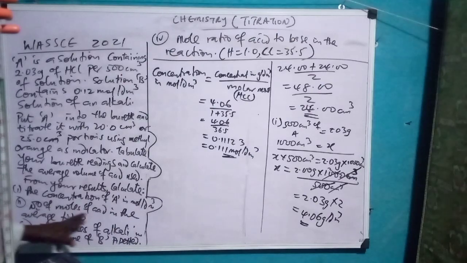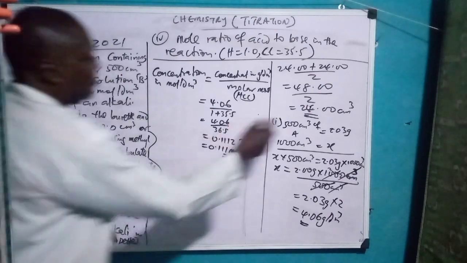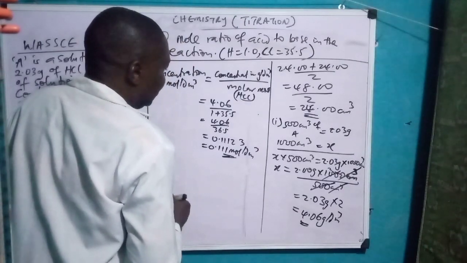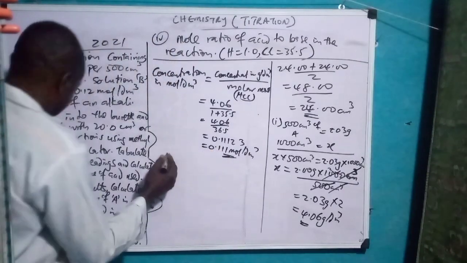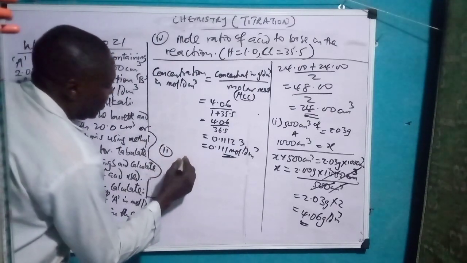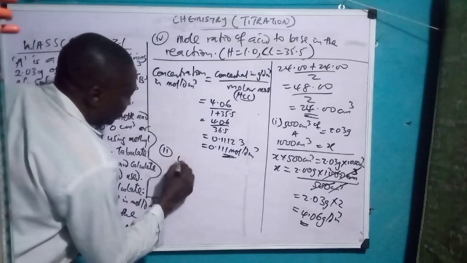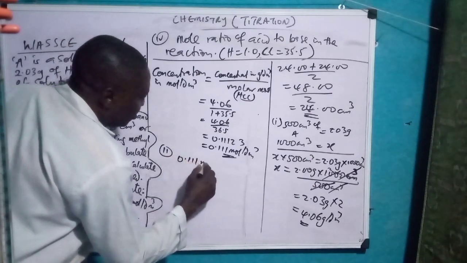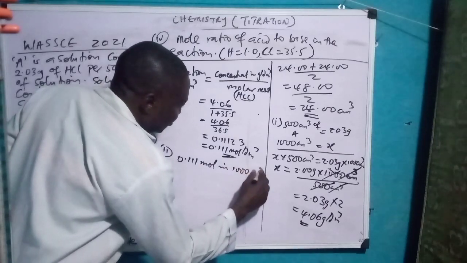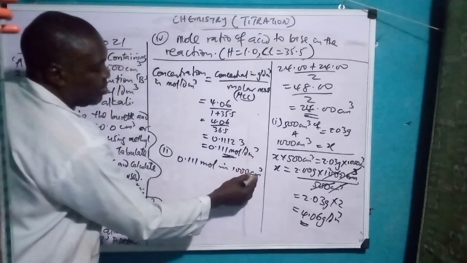Second one, number of moles of acid in the average titer. Remember, this is the average titer, 24.0 cm3. Roman figure 2, you say 0.111 mole in 1000 cm3. Remember, dm3 means 1000 cm3.